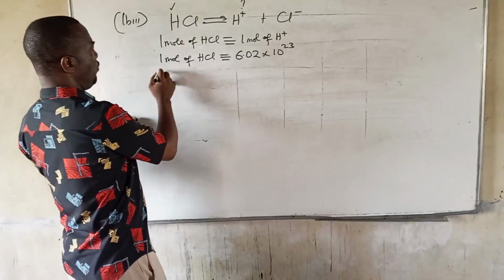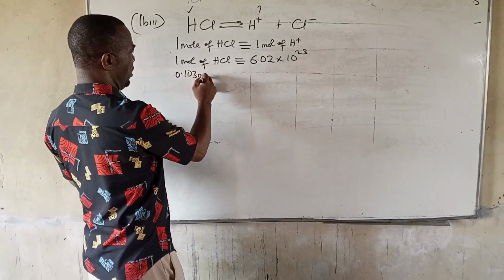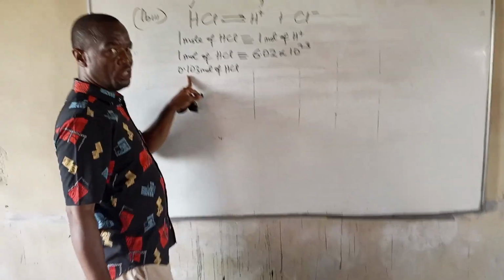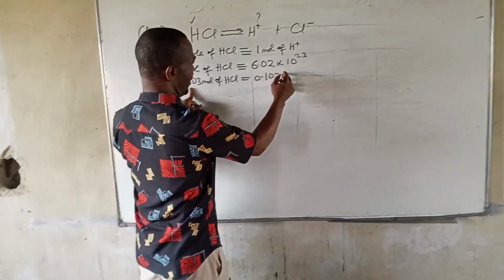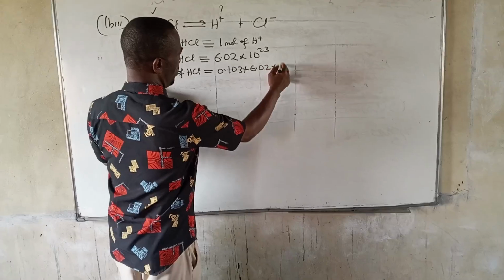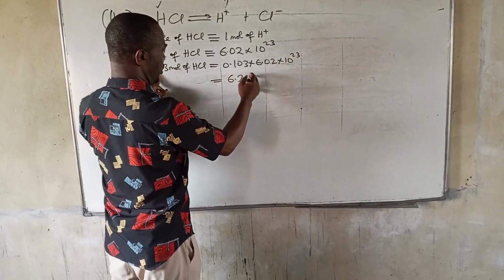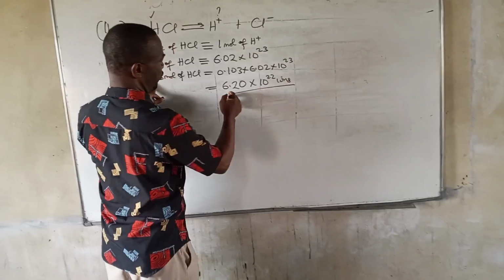Then we now have 0.103 mole, which represents the molar count of the acid. That number of moles of acid in 1 dm cube will now give you 0.103 times 6.02 times 10 power 23, and that gives us 6.20 times 10 power 22 ions to 3 SF.